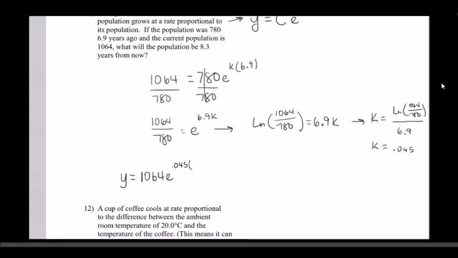And then the value of time is 8.3. So this is plugged into a calculator. We get around 1,545. Now it doesn't come out to be exact, but since we're talking about a population, it's a discrete number, we're not going to use decimals.